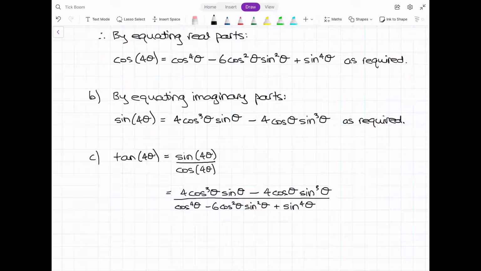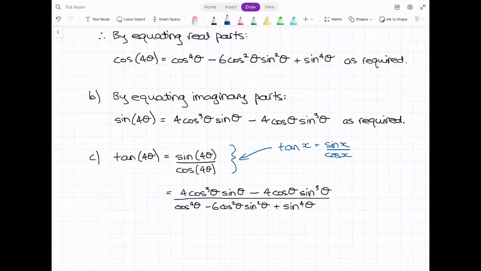And again, as I mentioned above, we want everything to be in terms of tan theta. And again, making use of our generic result, where we started, we know tan of any angle, I'll just say tan x, is equal to the sine of x over the cosine of x.